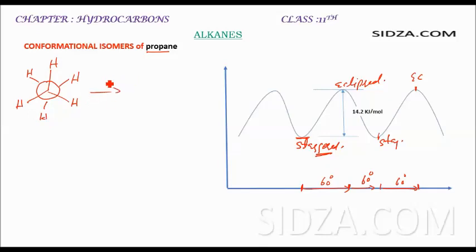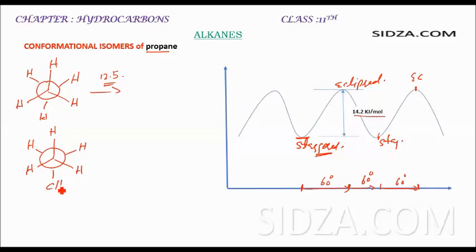About 12.5, right? This is only 12.5 kilojoules of energy. But if you attach a methyl group here, like in propane, the energy requirement is not 12.5, that is slightly more. How much? That is 14.2, right?